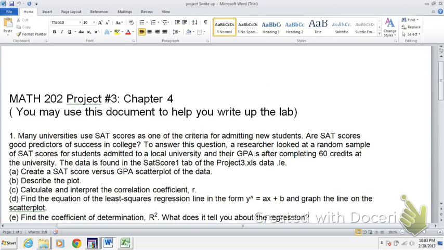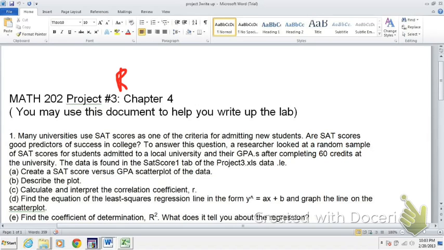And then, let's see what else it is asking. So in part E, it says find the coefficient of determination, r squared, and what does it tell you about regression? Now, that's a vocabulary thing, and I'll help you out with that. R squared, we focused so much time on r in class, we didn't talk much about r squared.